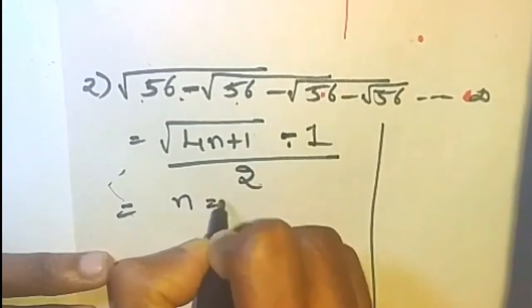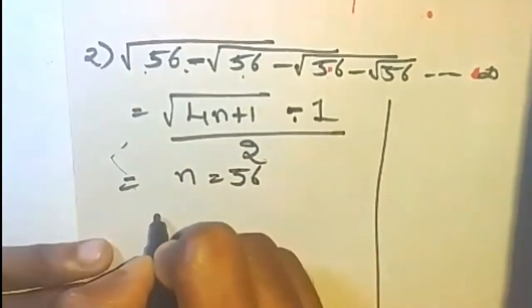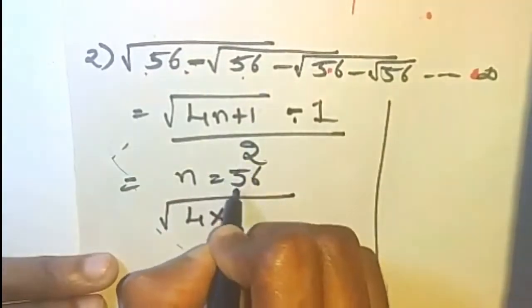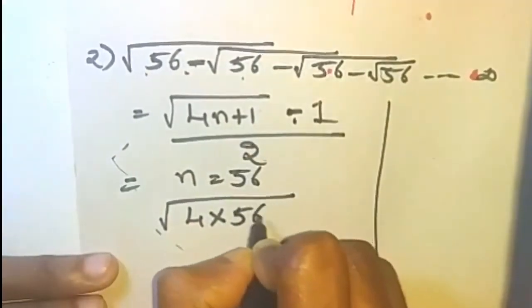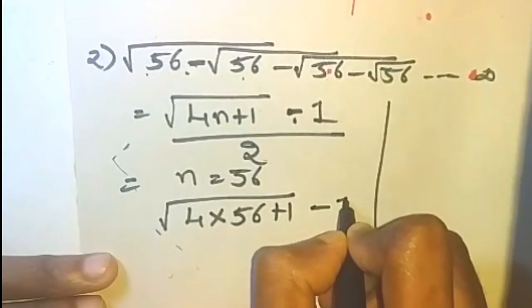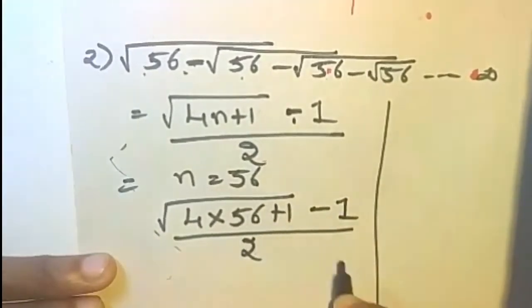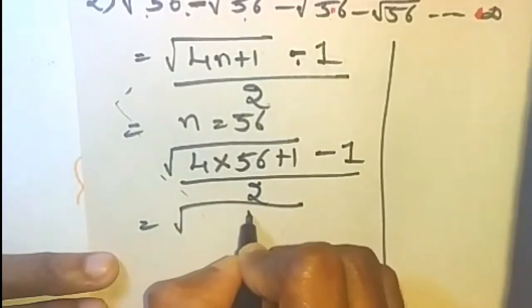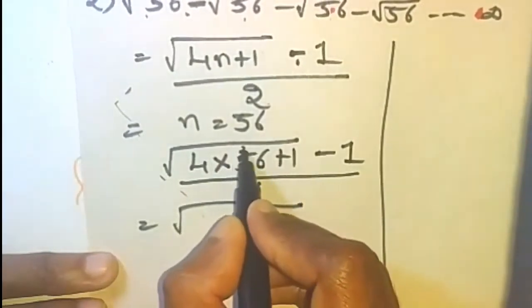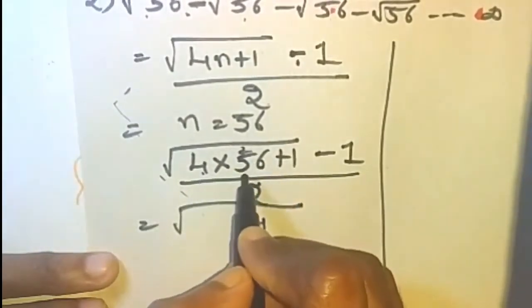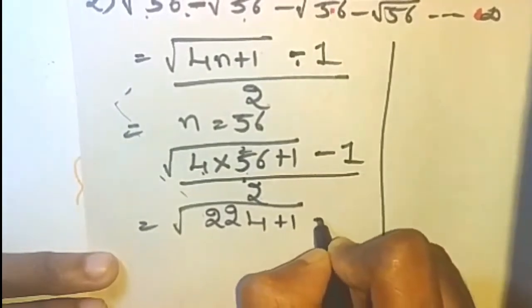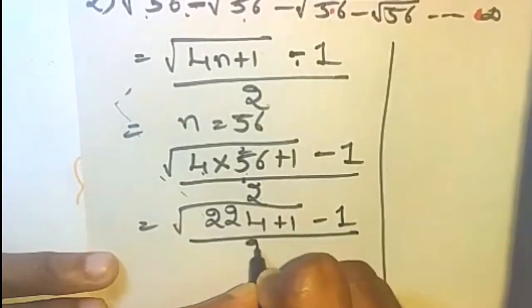Now n is equal to 56. Slowly I am saying, listen very carefully. 4 into, substitute this 56 here. 4 into 56 plus 1 minus 1 divided by 2. Now 6 4s are 24. Take 4 here and 2 carry here. 5 4s are 20, 22. So 224 plus 1 minus 1 divided by 2.